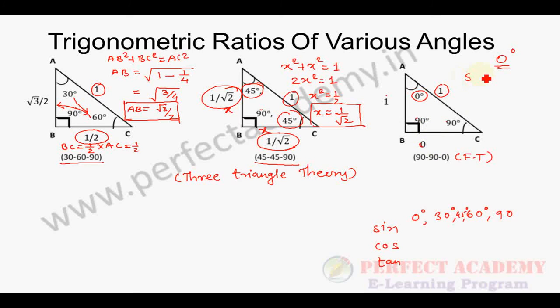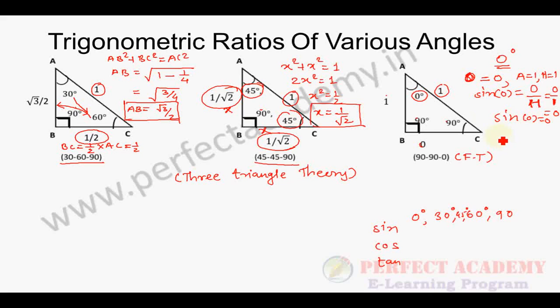So for 0 degree, the opposite side is also 0. The adjacent side is equal to 1, and the hypotenuse is obviously 1. Sine of 0 should be opposite side by hypotenuse, so that should be 0 by 1, that is nothing but 0. So sine 0 is equal to 0, right?